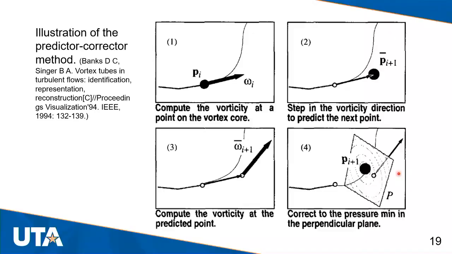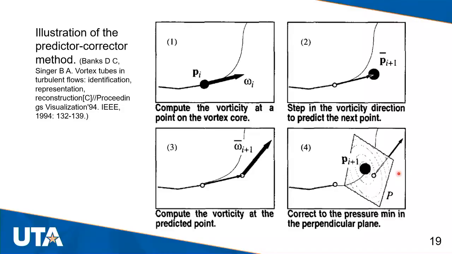So we find its next point, and at the next point, they create a plane perpendicular to the vorticity direction. But we create a plane perpendicular to the Liutex direction at that point. And after that, they find the minimum pressure, but we find the maximum Liutex.